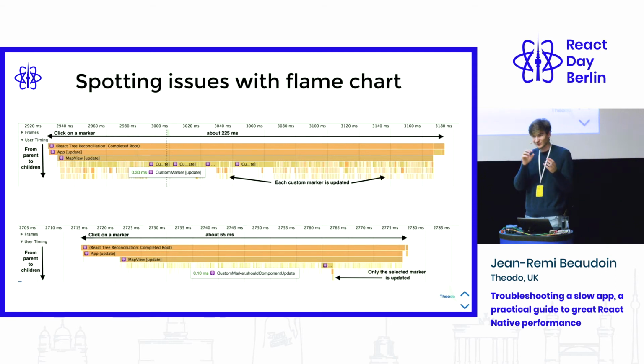We noticed with this that, if you look on the first line, all the custom markers are being re-rendered, and when you clicked one marker, it took like 200 milliseconds to update. So it was a bit painful. By noticing this, we're like, okay, obviously only one of them should update. So use shouldComponentUpdate, very classic, and then only one of them is rendered, and you win like 160 milliseconds, which is quite helpful.